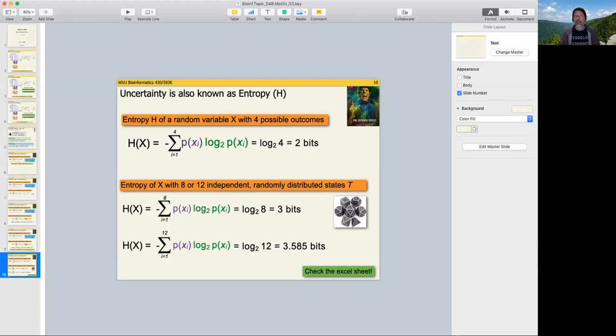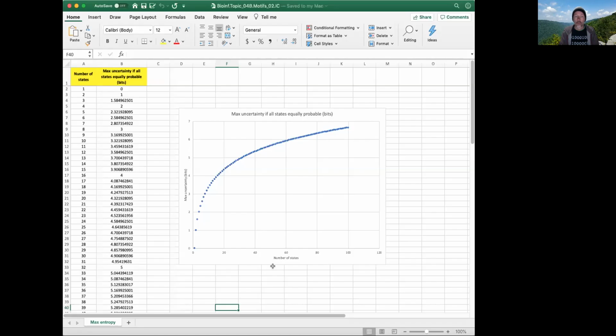Before we go there, there is an Excel spreadsheet where I've done a simple calculation that might be useful for you. So I'm going to try to share that with you now. This is up on Google Drive as well. So if you can see this here, I've created an Excel workbook.